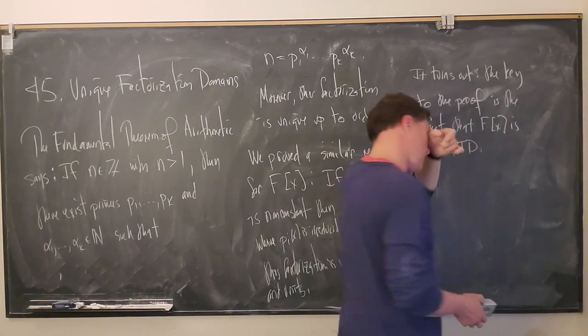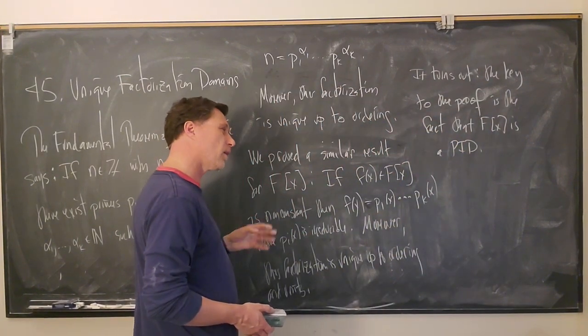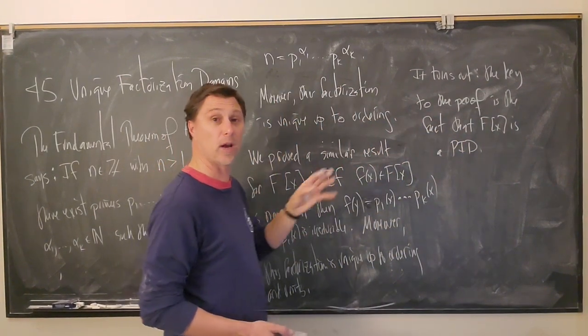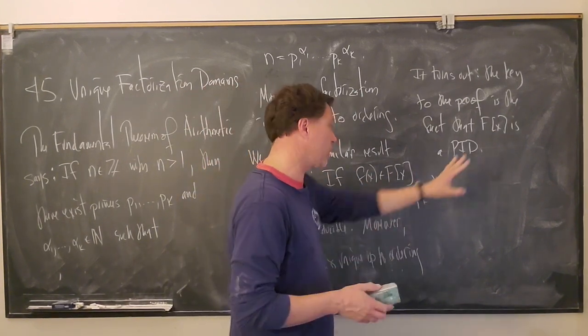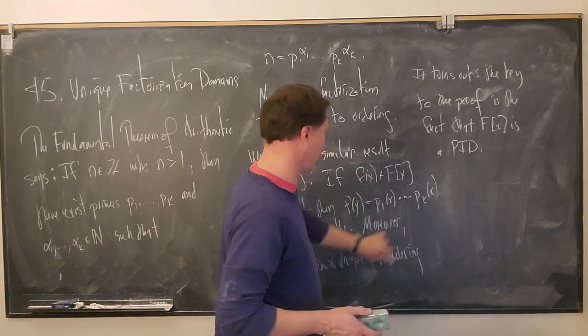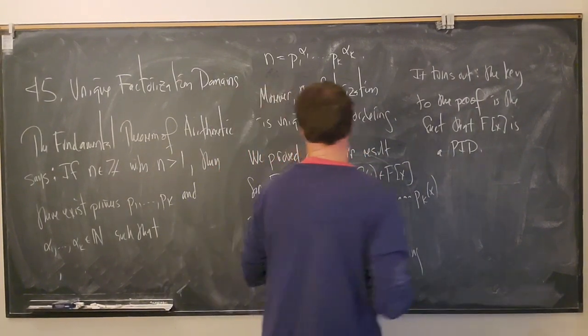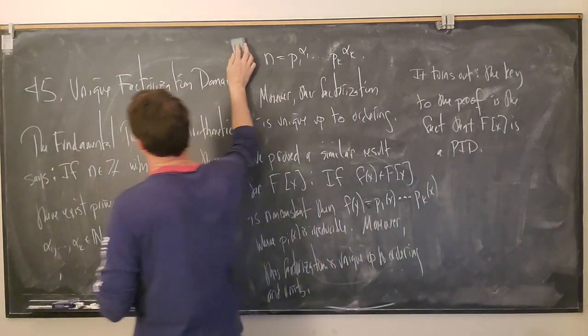Now, I really didn't mention this fact as we went through, right? But we'll see once we start generalizing things, and I'll come back and mention, oh, by the way, remember I mentioned this PID fact? It turns out that this whole thing relied on the fact that F[x] is a principal ideal domain.